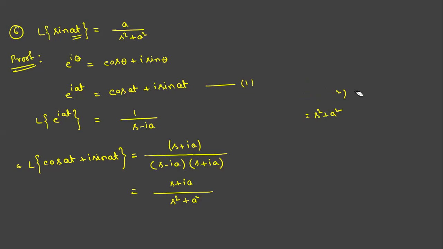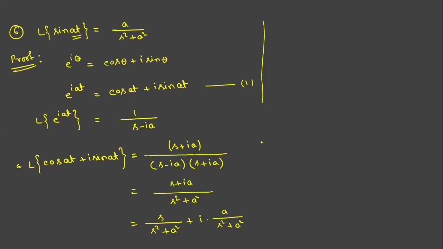Now, let's break this form into two parts, real part and imaginary part. So this equals s by s squared plus a squared plus i into a by s squared plus a squared. Clear?